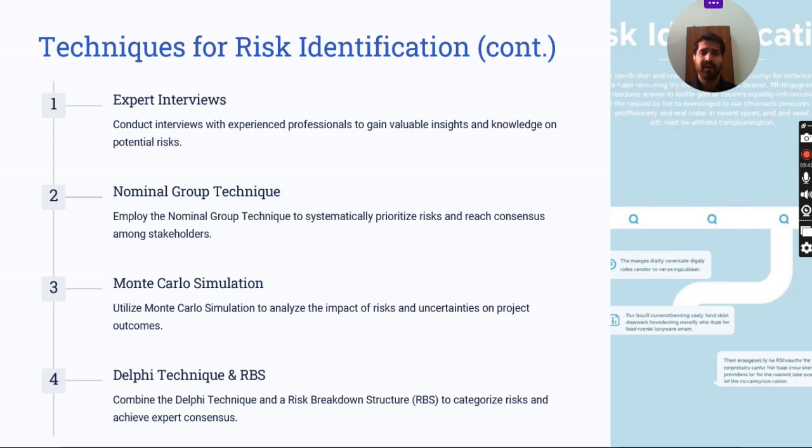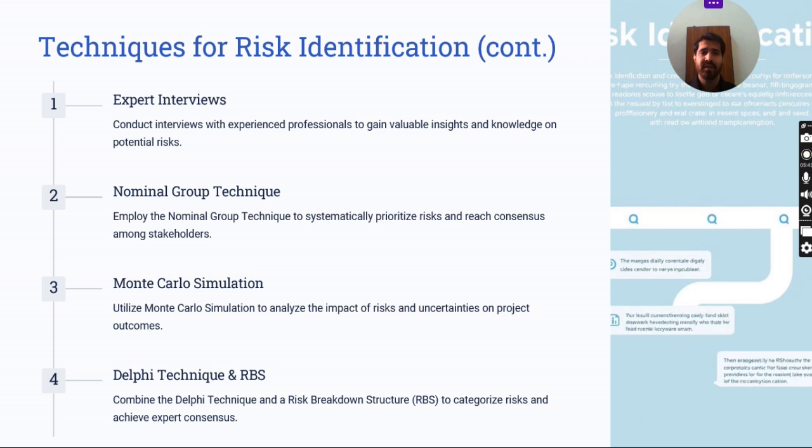So the sixth one is nominal group technique, though the numbers on the slide are a little misplaced. It is a structured process where participants individually list risks, discuss them collectively, and prioritize them through voting.